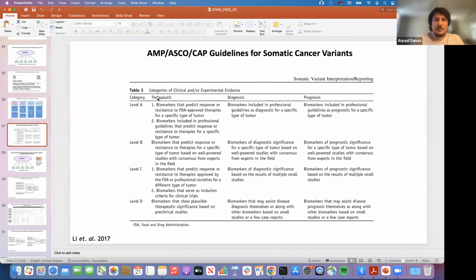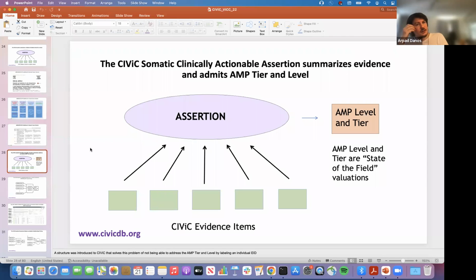Notice how within this paper, they're also breaking it into the therapeutic, diagnostic and prognostic way of thinking of variants. So what I'm calling these somatic clinically actionable annotation types. That's just me so far, and again, a few others maybe have said it here and there.